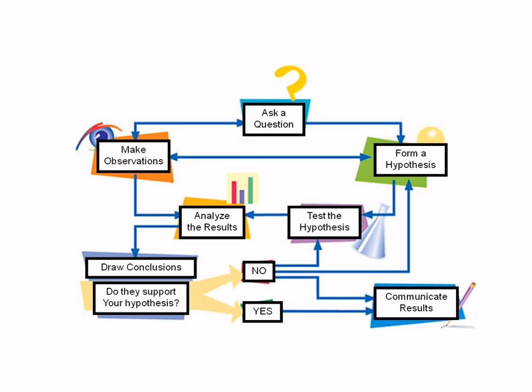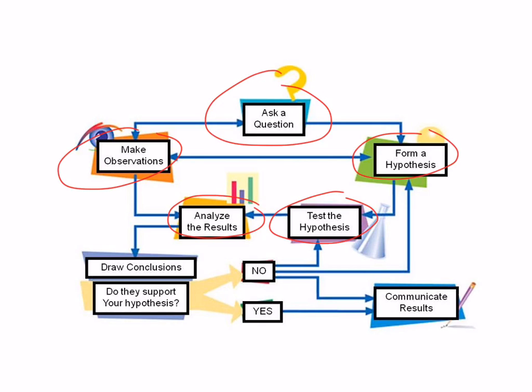So I got a couple of things off the internet. Basically, what you see at the top there is you ask a question, make observations, form a hypothesis, and test the hypothesis. At some point, are you on track? If you're on track, then go ahead and report your results. If you're not on track, go back and tweak your hypothesis.